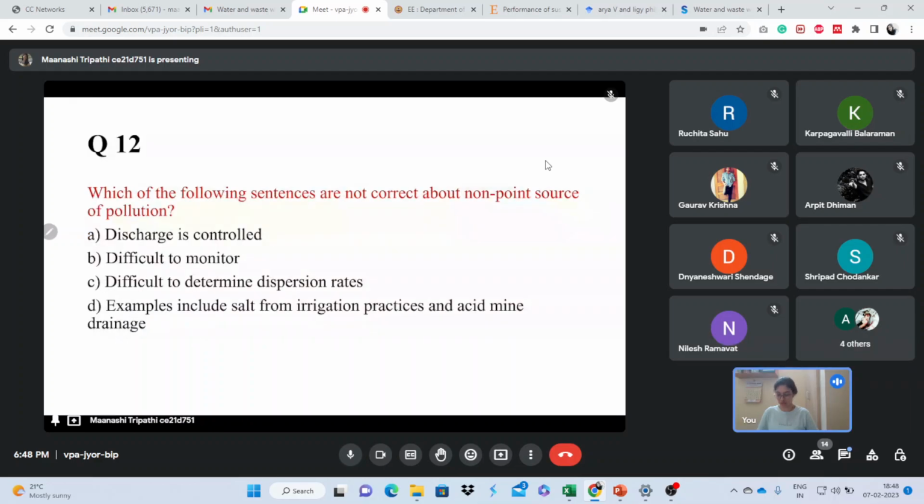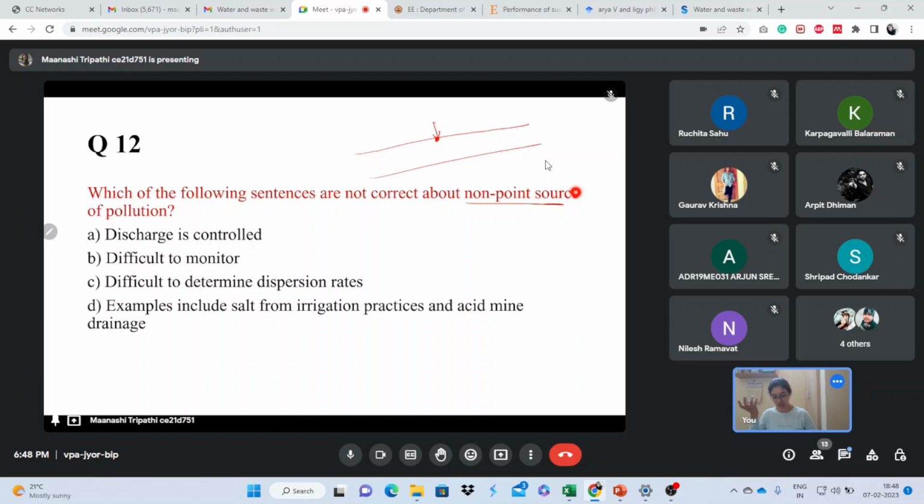Moving towards the next question. Which of the following sentences are not correct about non-point source of pollution? Now, non-point source. There are two sources of pollution: point source and non-point source. For any pollution source, if we can identify the source very clearly, okay, this is the river, pollutant is coming from this point, then it is point source.